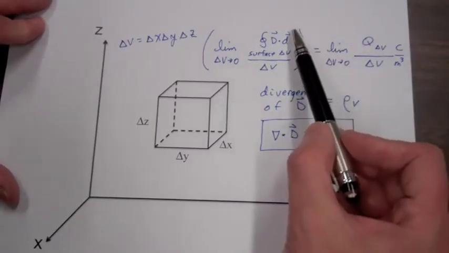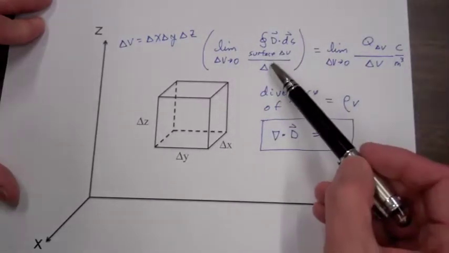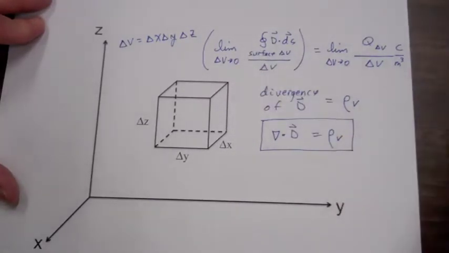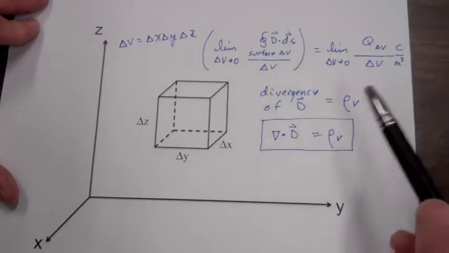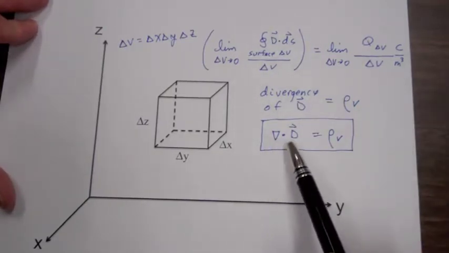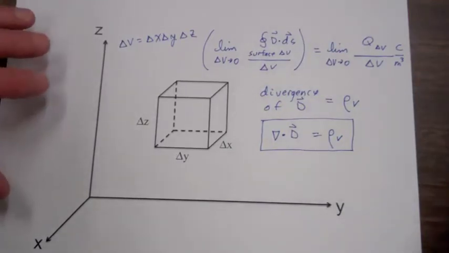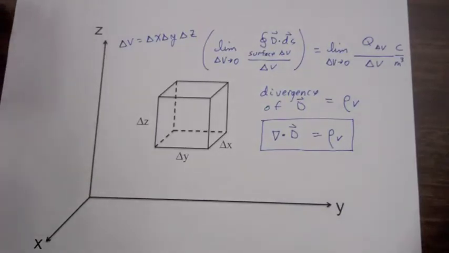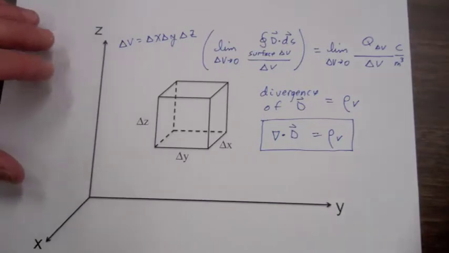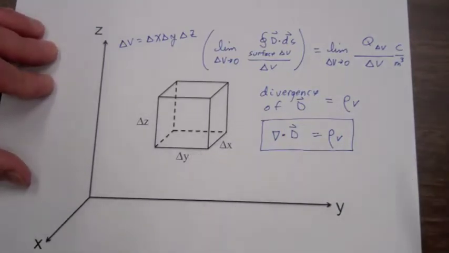We will then add up the integral of D dot dS on those 6 faces, divide by delta v, and take the limit as delta v goes to 0, and we will have an equation for performing the operation of divergence in Cartesian coordinates. Now, if you wanted an equation for performing the divergence in spherical or cylindrical coordinates, you'd go through the same process, but you would start out with the differential volume element in those different coordinate systems.